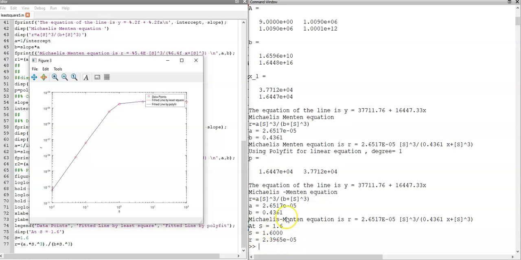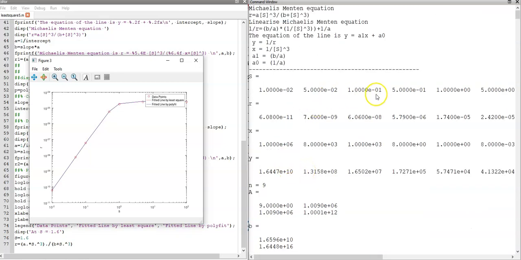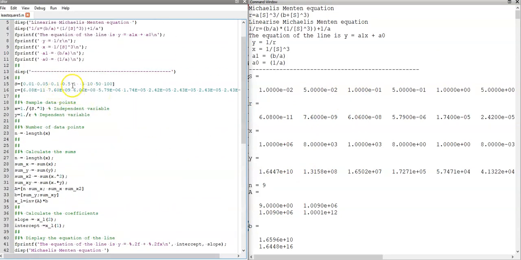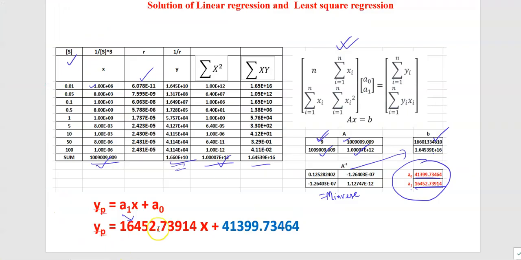If you check the range, here s is the s range, which is 1 to 5.